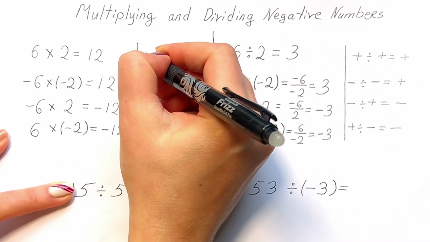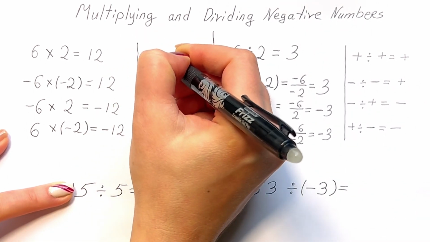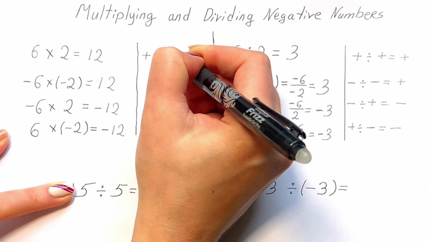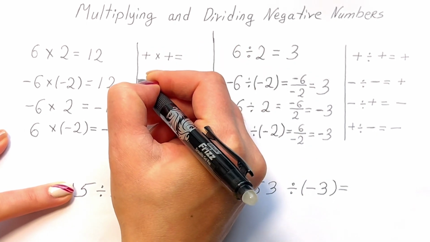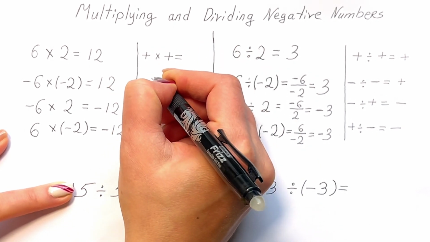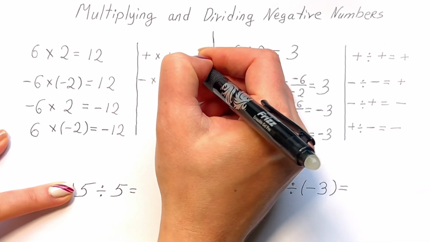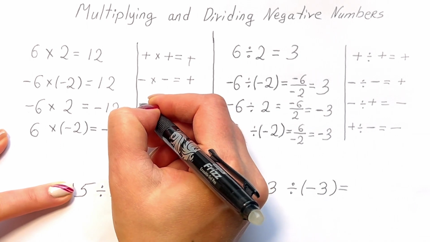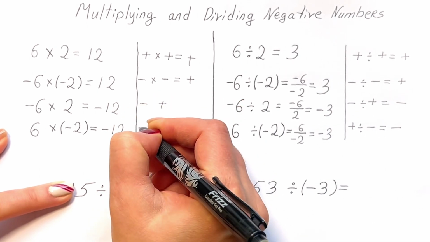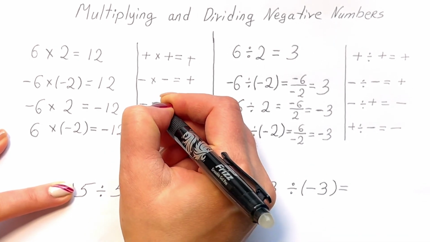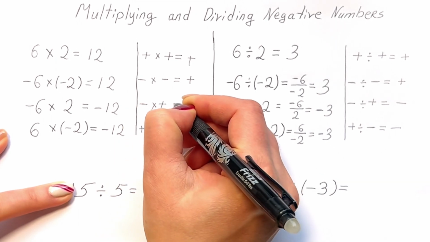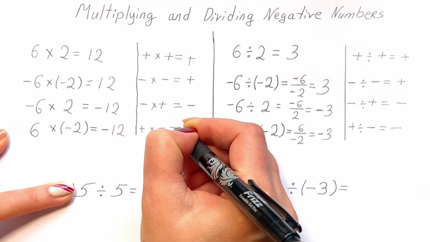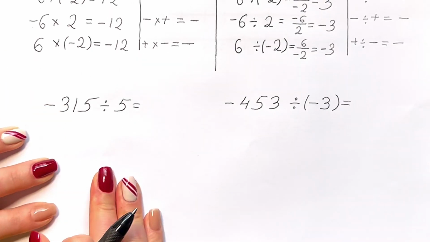When we are multiplying positive by positive, or negative by negative, we are always getting positive. But if we are multiplying negative positive or positive negative, we are always getting negative.